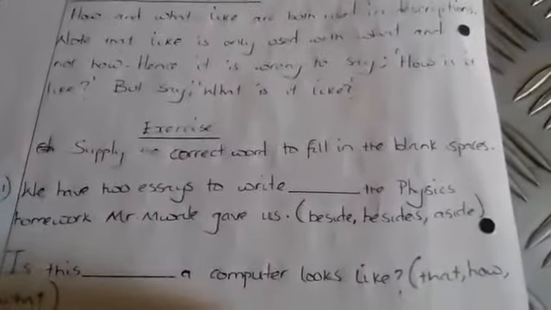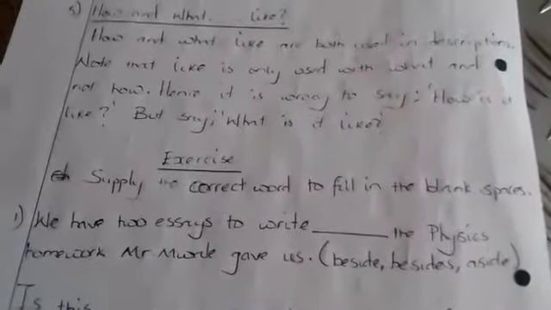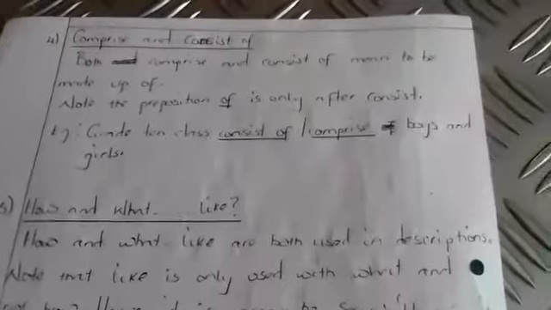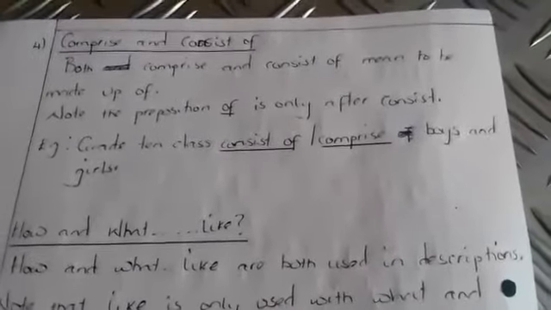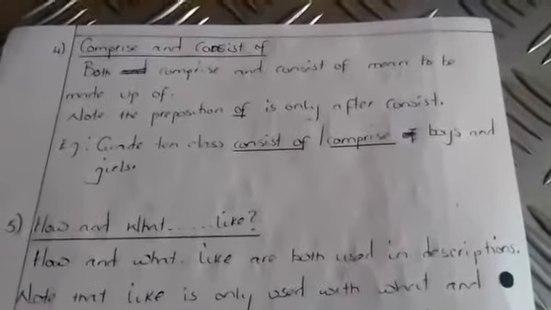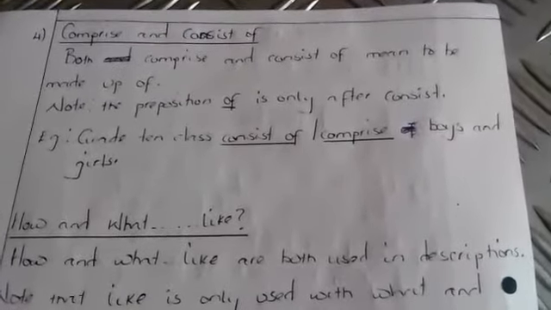And then voyage and flight: voyage is a journey involving travel by sea or river. Flight involves a journey traveling by air. You get to use the airplane. Then comprise and consist of. These two words mean to be made up of something. But the only difference is consist goes with of, comprise doesn't go with of.